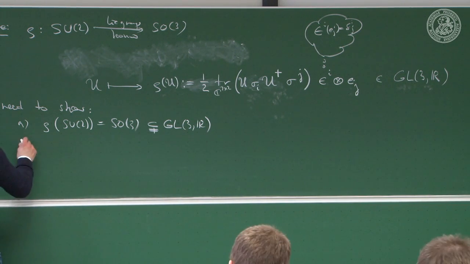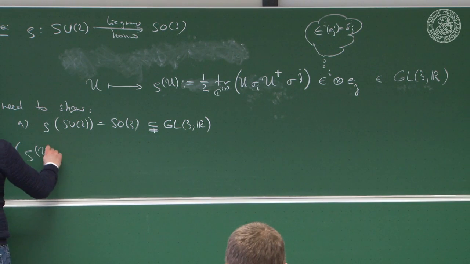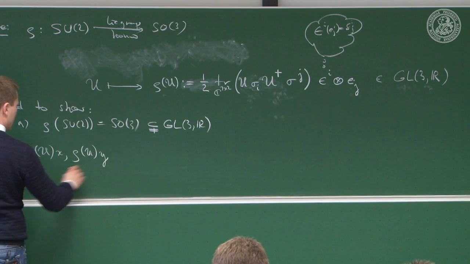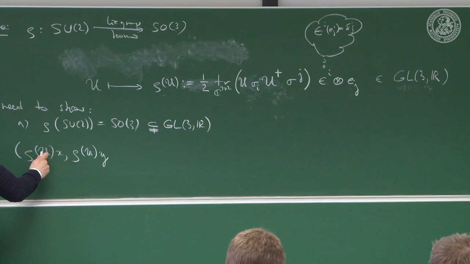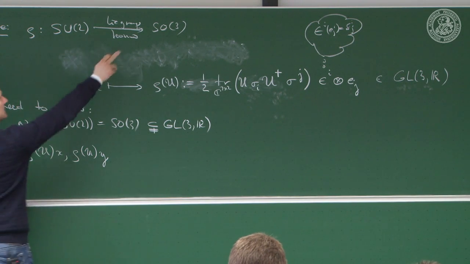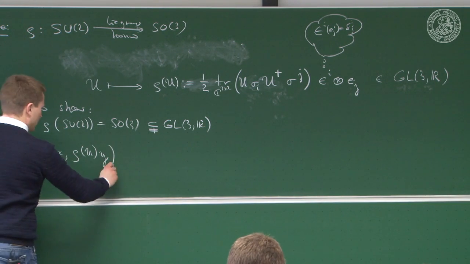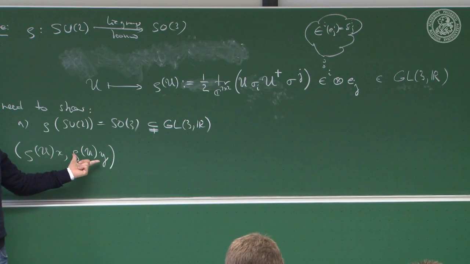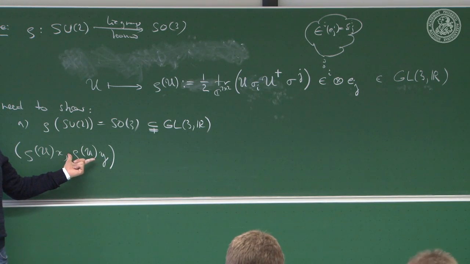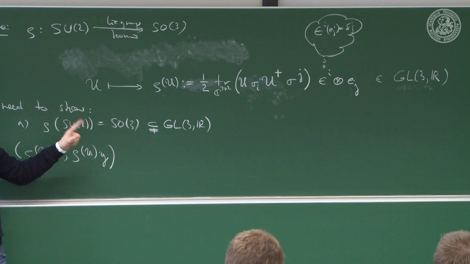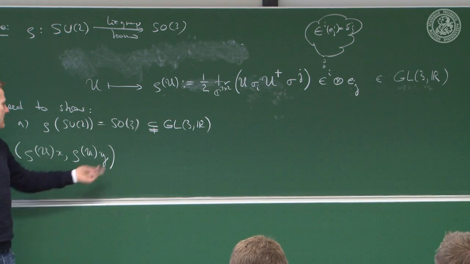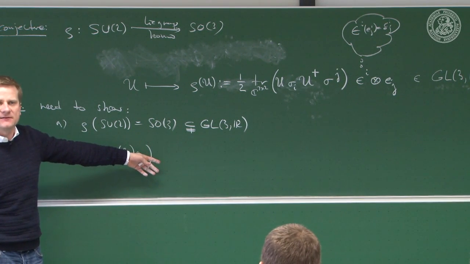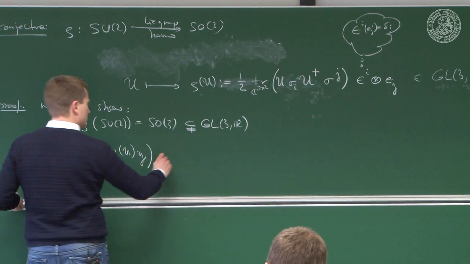Well, we have to check whether, if we take rho U on an X and rho U on a Y, remember, U is an SU2 matrix but rho of U is an SO3 matrix, then I must get the inner product of X and Y, because that's the defining property that it be in O3. And then I also need to calculate the determinant of rho of U, and that's 1, and then I'm done. Okay, so let's first calculate this guy.